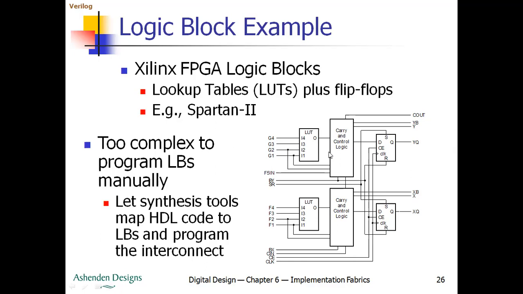This block contains XOR gates and AND gates to implement the adder, a multiplexer, and the fast carry logic. We also have a D flip-flop register here, which gives the registered output.